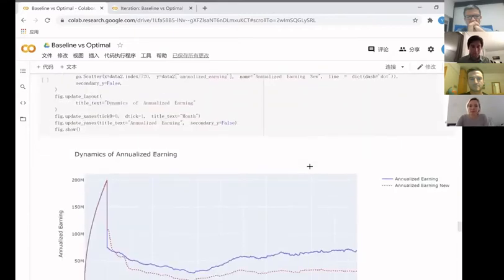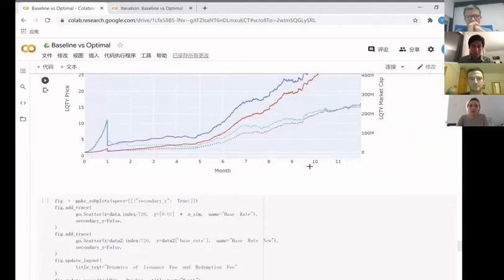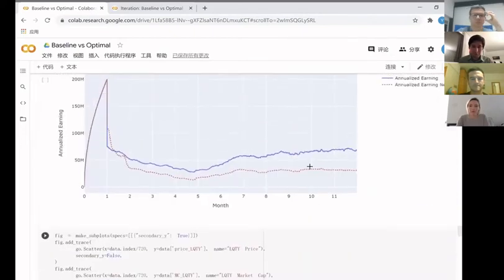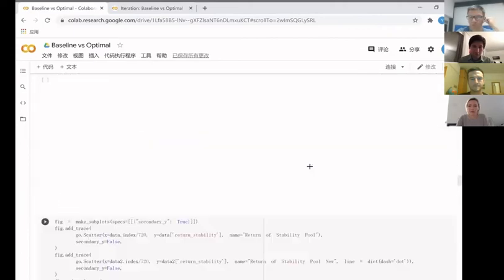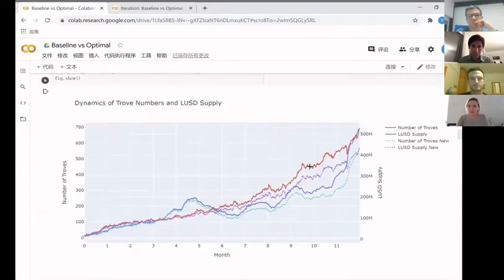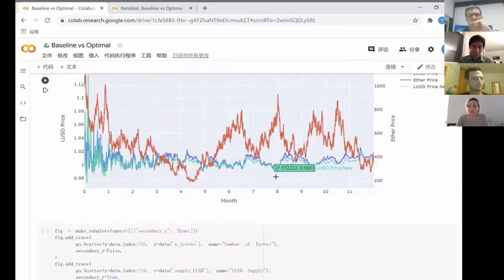But of course, it also has a cost. The cost is that it's more volatile. You can see in the first figure that the LUSD token price is more volatile in the baseline approach.